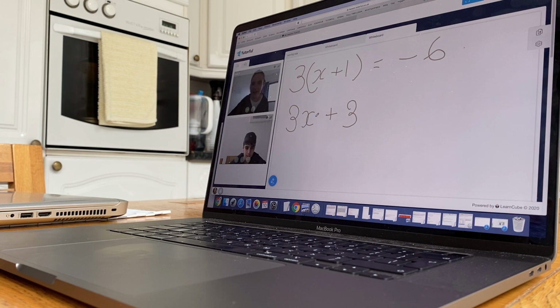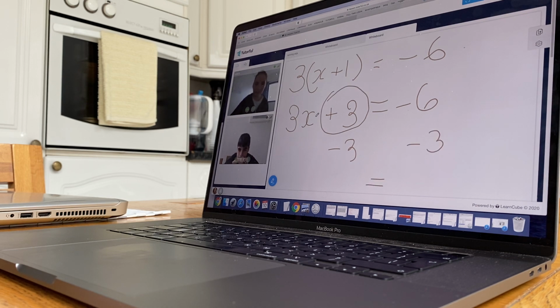And then what goes on the other side? We have negative 6. Because this here is plus, we're going to be subtracting. So we're subtracting 3 on both sides.